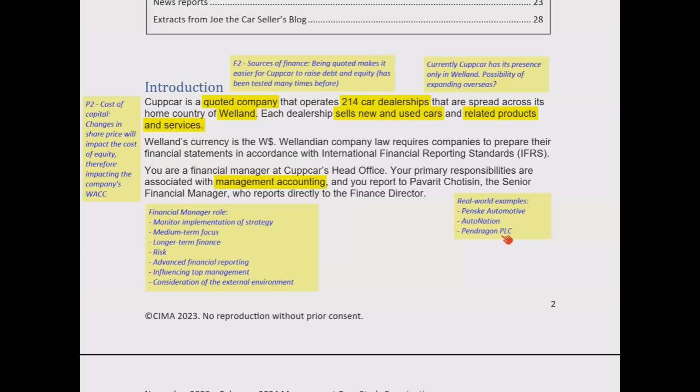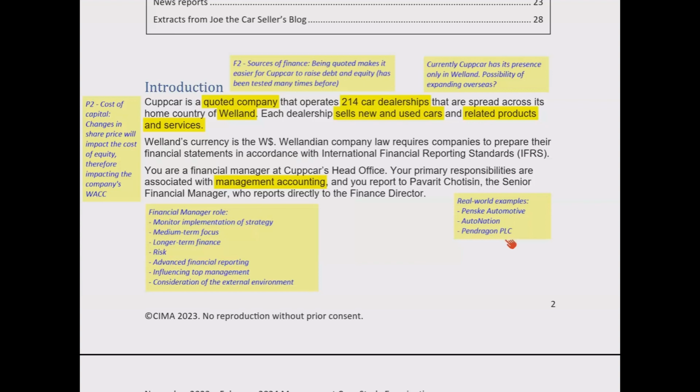Now, again, we could think about that in terms of their financing. We could think about that in terms of, does the dealership fit with how Cuppcar creates value? So thinking a little bit back to the concept of value creation and business models, and whether a particular acquisition would really support what Cuppcar are doing, or whether it wouldn't really fit in at all.